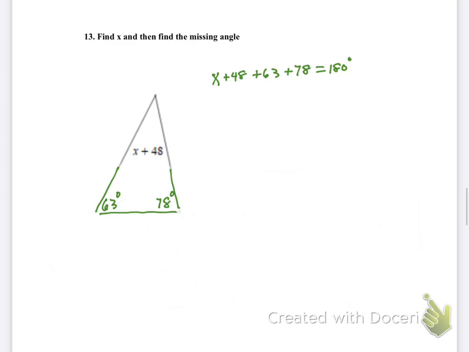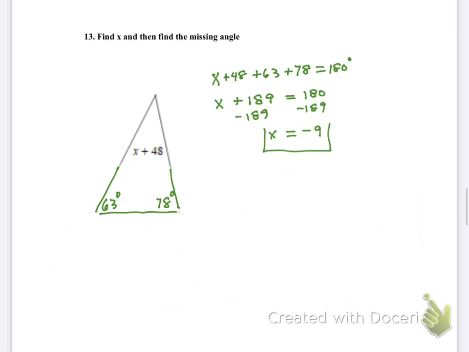The reason why I'm doing that is because I have added my like terms. Now, do not worry that you have a number greater than 180. Subtract 189 from both sides, and you get that x equals negative 9.